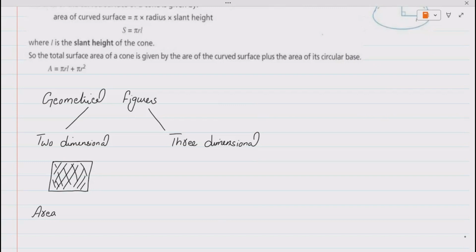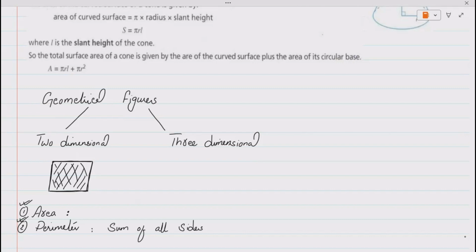And the other property that a two-dimensional figure has is perimeter. The perimeter is the sum of the lengths of all sides, right? So in a two-dimensional object, these two properties are associated with it.